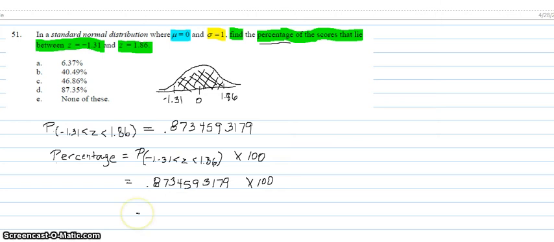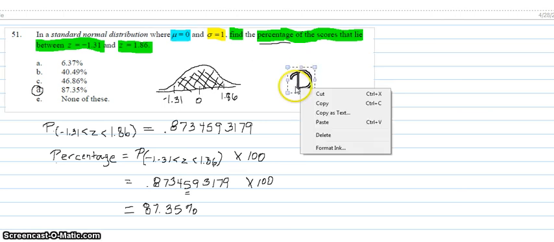So that's going to equal 87.35%. The reason it's 35 is we had to round up because we had a 5 there. So in this case, our answer is D. Correct answer here is D, 87.35%.